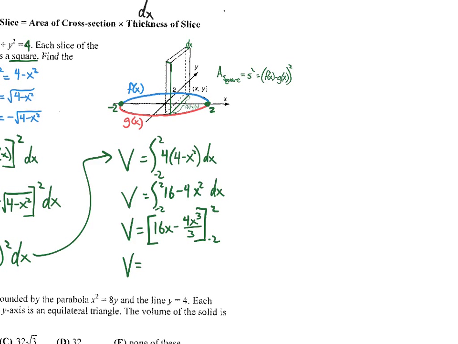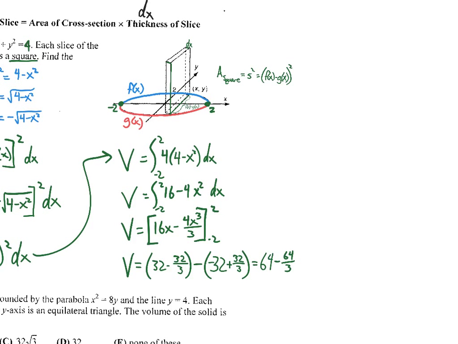If I plug in a 2, I get 32 minus 32 over 3, minus, if I plug in a negative 2, I get a negative 32 and a plus 32 over 3. So 32 plus 32 is 64. Negative 32 thirds minus 32 thirds is a negative 64 thirds.